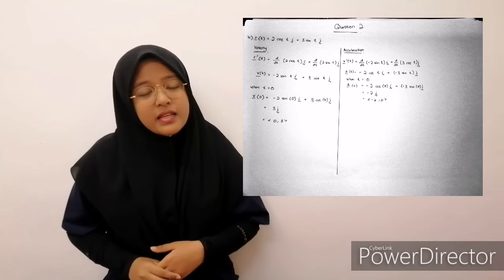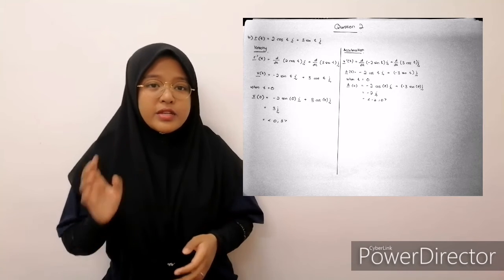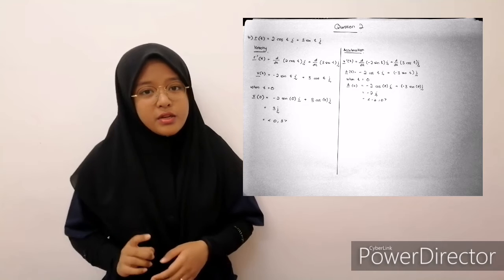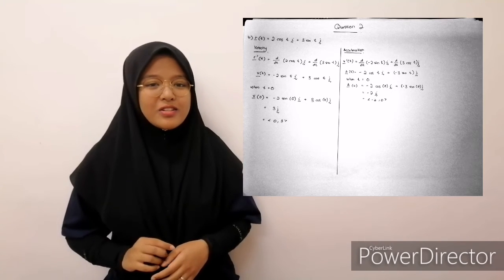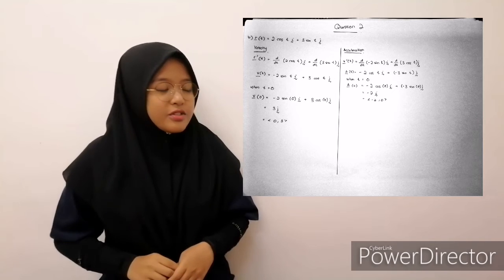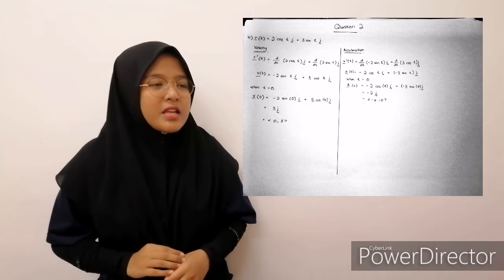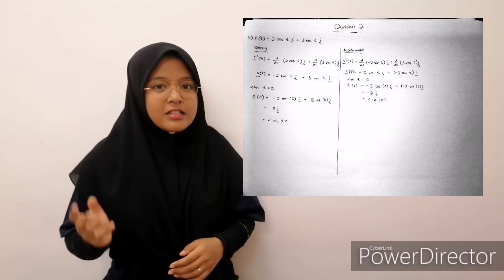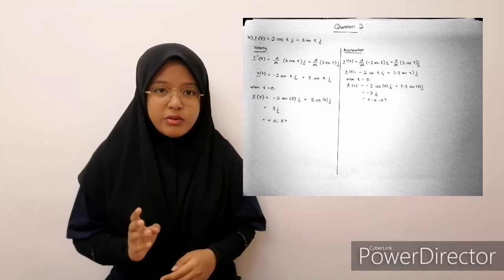Then when t is equal to 0, we get a(0) equal to negative 2 cos 0 i plus negative 3 sin 0 j. So the answer we get is negative 2i, and the particle coordinate is (negative 2, 0).